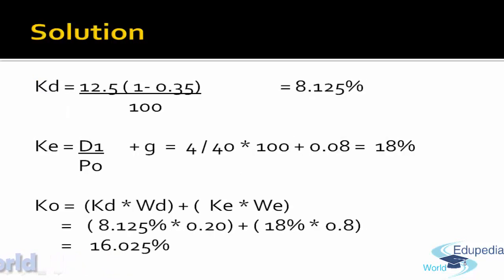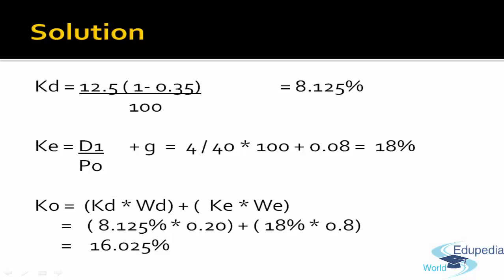Perfect. So let's solve this question. In order to compute the cost of debt, 14% is irrelevant because that is the cost of the existing fund. To compute cost of debt, it is 12.5 into (1 minus 0.35), that is net of tax, which is 8.125%. Cost of equity using the Gordon model will be 18%. You already have the target weights.